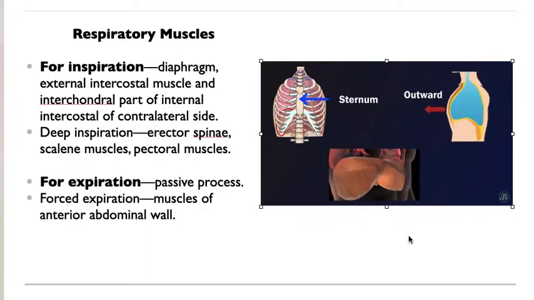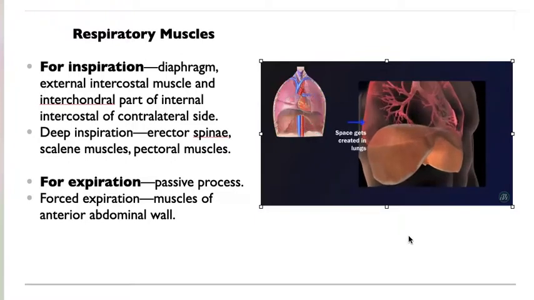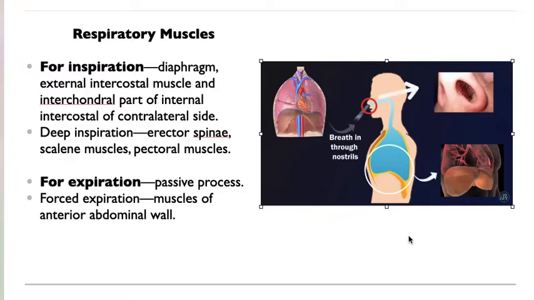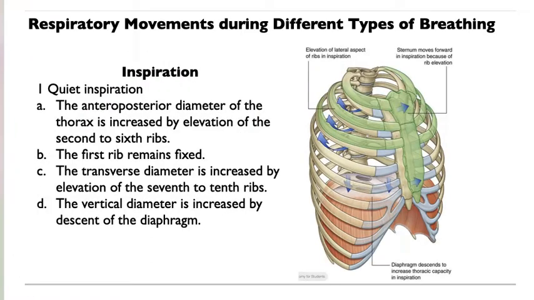As you can see, this is the inspiration basically by the sternum. Then the expiration is basically a passive process, and the forced expiration is by the muscles of the anterior abdominal wall, right?